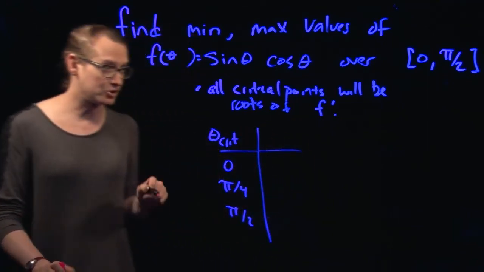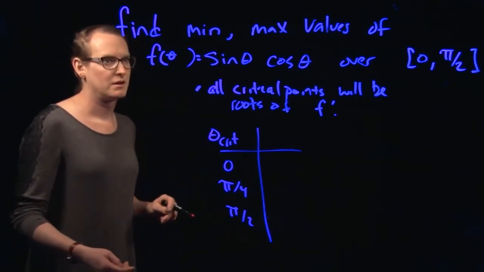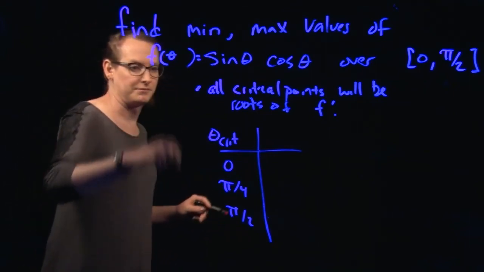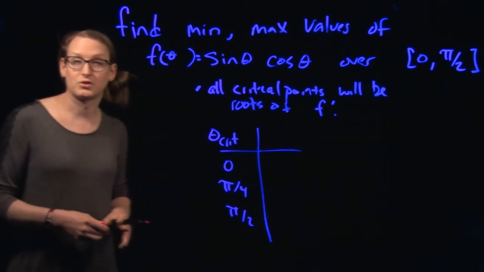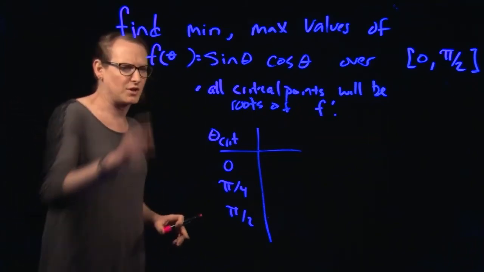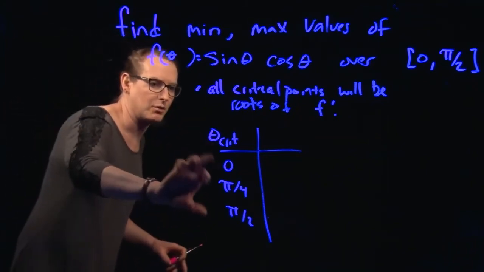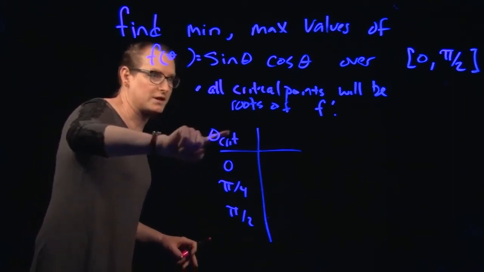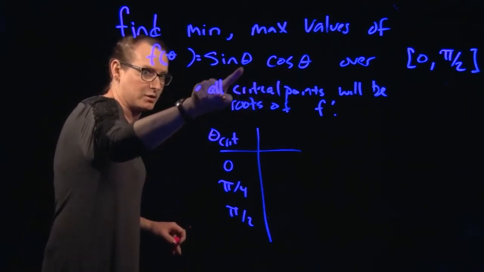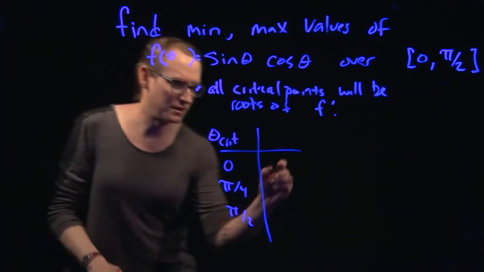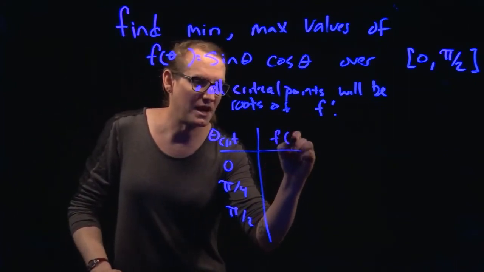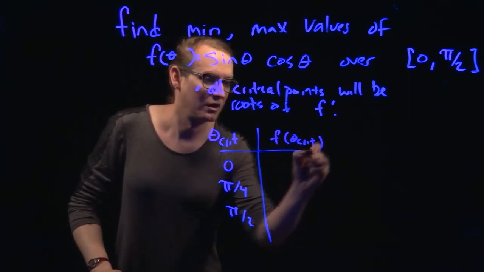And our function evaluated there, let's see here. I'm thinking about how much to write down when I do this. I don't really want to write much down. So if I plug in 0 for theta in these expressions, sine of 0 is 0, so it doesn't matter what cosine is. Here's f of theta crit.